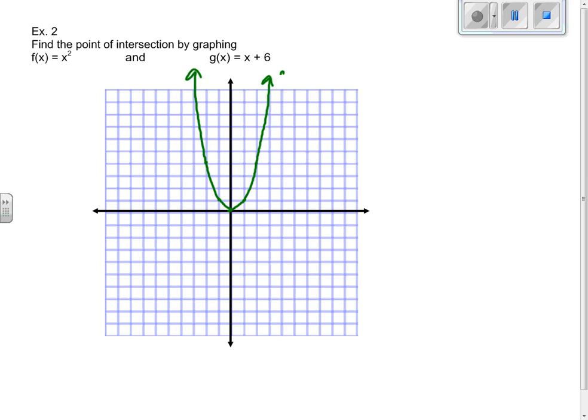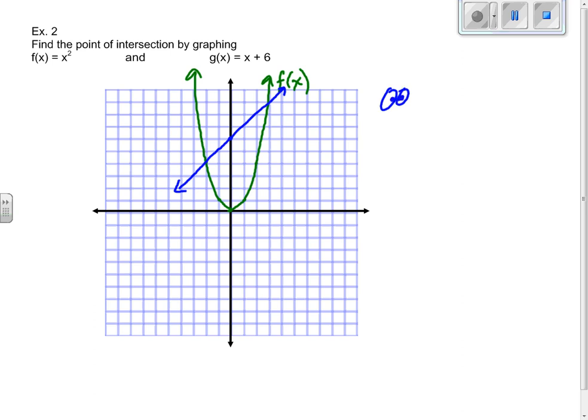There we are, f of x. G of x is the line with a vertical transformation up 6. My y-intercept is there. My parent function with your basic slope of 1 is that guy, sort of. So it appears that I have 2 points of intersection by eyeball.